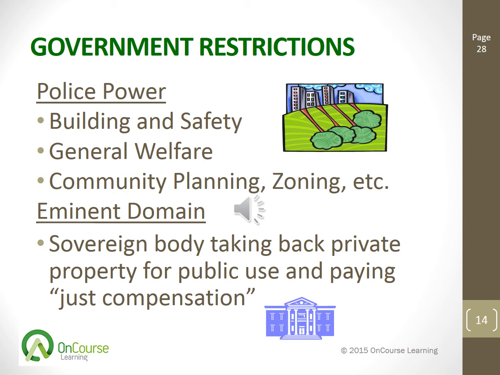They deal with zoning, they deal with permits, and community planning will also deal with zoning, but it is under building and safety. It's the use of the zoning, but under community planning is what they're going to allow to be in those particular pieces of property and the zoning. And these get updated on a regular basis.